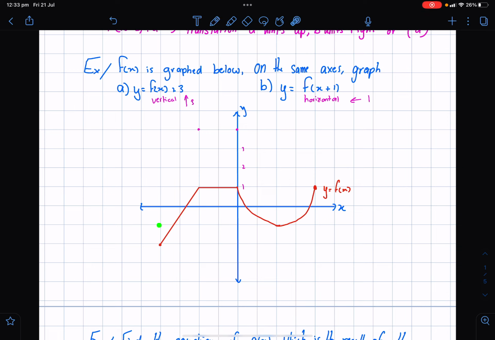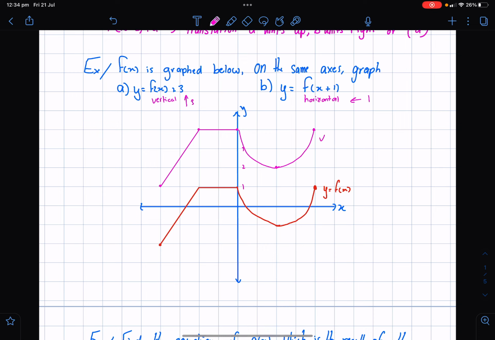This point here goes 1, 2, 3 up to here. This minimum here goes 1, 2, 3. So it's there. And this point here also moves to there. Basically all we're doing is mapping the same function through those points. Okay, it's a bit trickier, but we can see that there. So everything's just been shifted up 3 units.